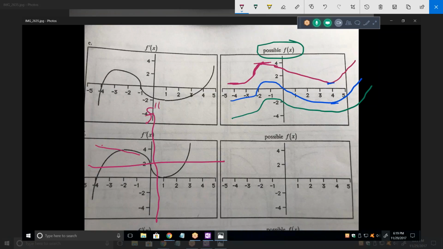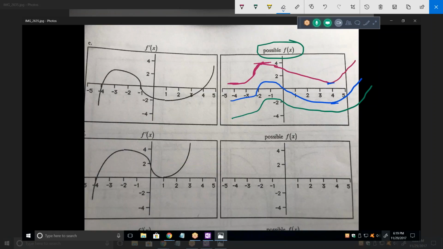And then the second derivative has to be 0 at 3. Yeah. I'm getting lost in my train of thought here. Not sure it's necessary to draw the second derivative curve.